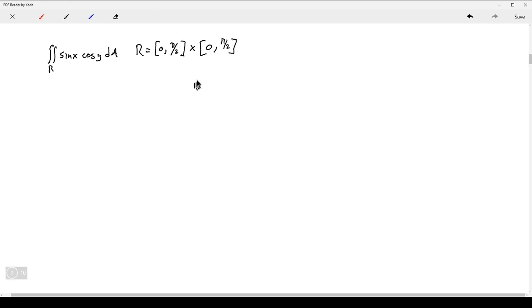I can notice this is a function of x and y, and that's multiplication there. Sine x is just a function of x and cosine y is just a function of y.